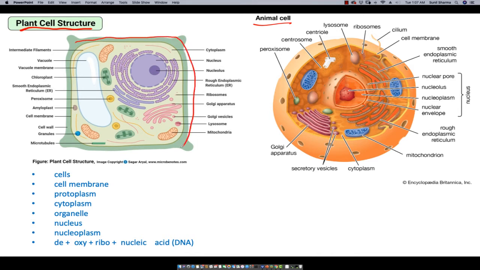This is a hard cell wall, and it's made up of cellulose. And this is what makes our lettuce or leaves of our vegetables crunchy, this very wall. But we're not going to take a look at the plant cells. We're more focused on the human cells, or the animal cells.